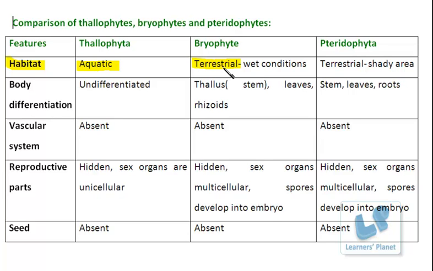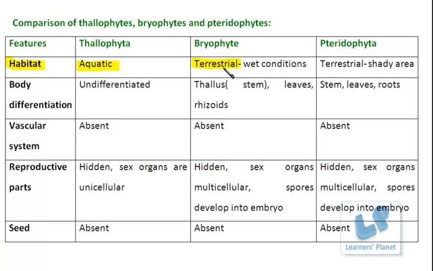For example, you must have seen some plants which are found on the riverfront, right? At the riverfront, definitely the level of water is high. The moisture level in the land area is of course high. Then in the winter, in the monsoon season, you can observe, or even on the wall, some plants growing over there, right?